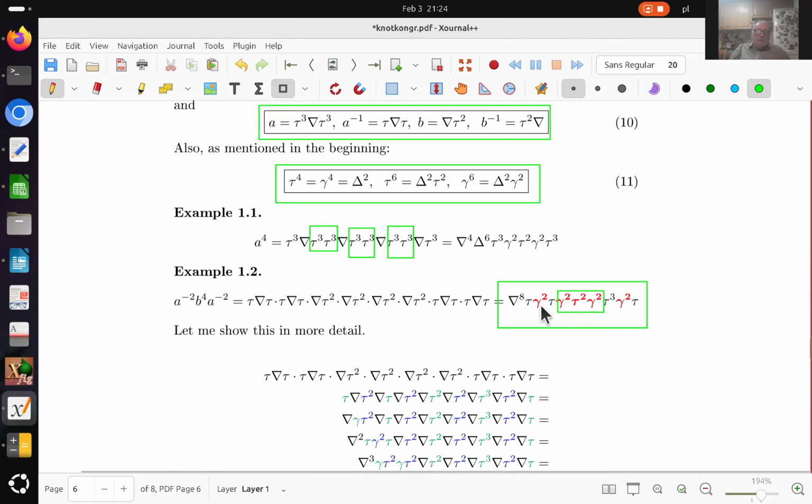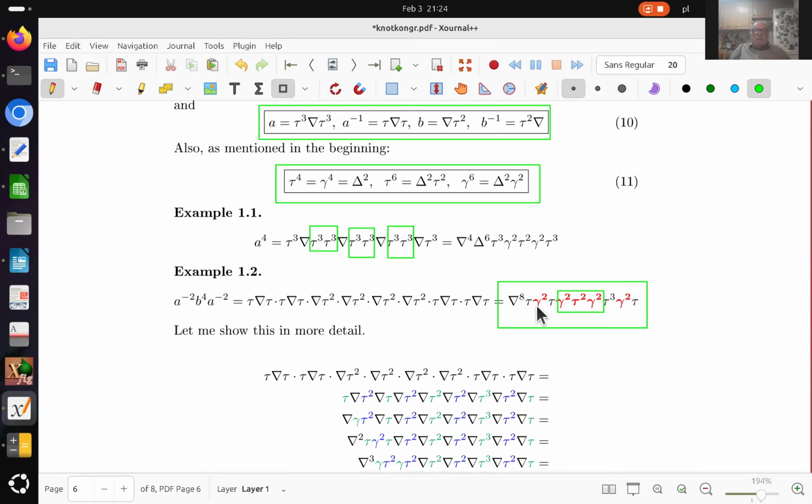Okay, but that's one entity. Gamma square is allowed. I'm not saying that after gamma you need to have tau. Tau square is allowed, and tau cube is allowed, and single tau is allowed.